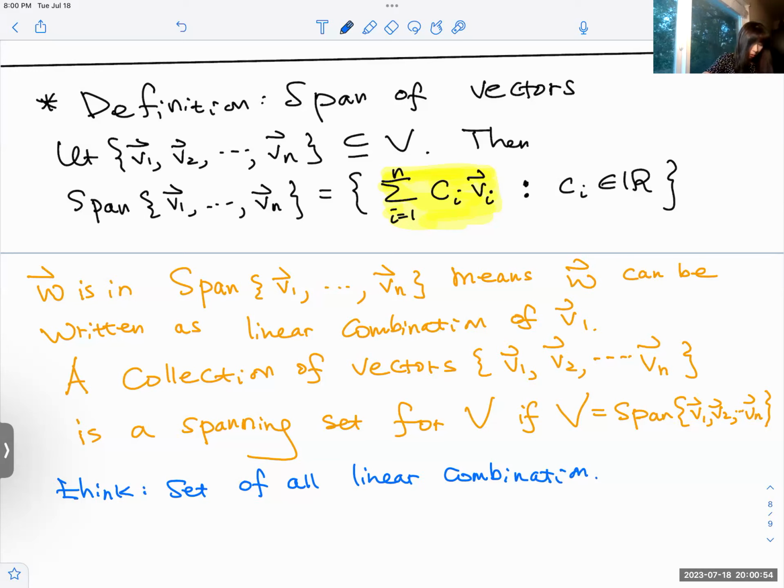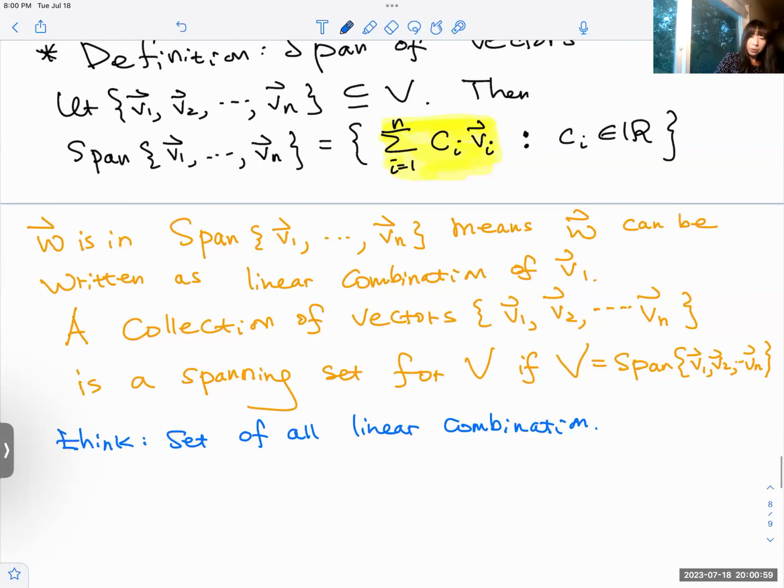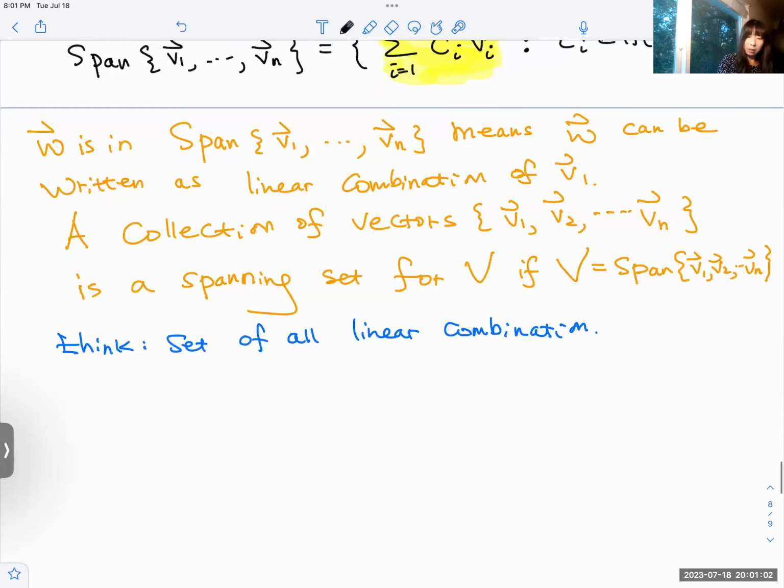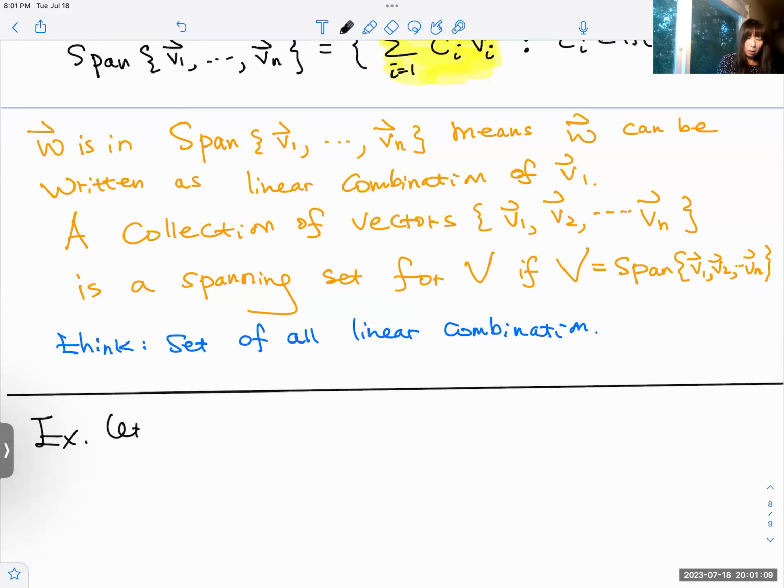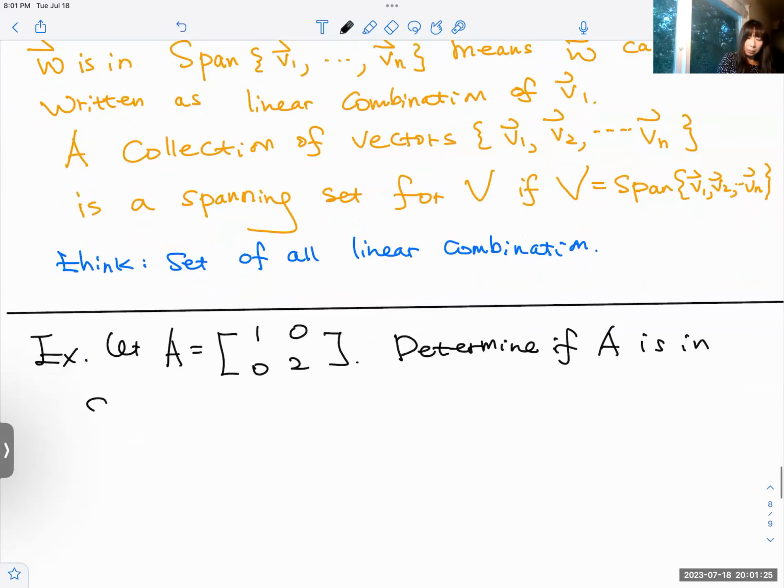Okay, let us do a couple problems here. Matrix. Let A equal to 1, 0, 0, 2, and determine if A is in span of M1, M2.